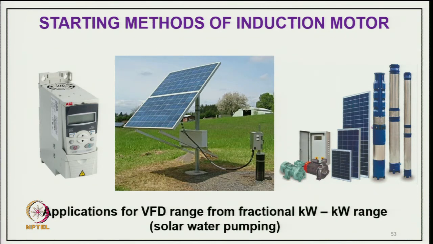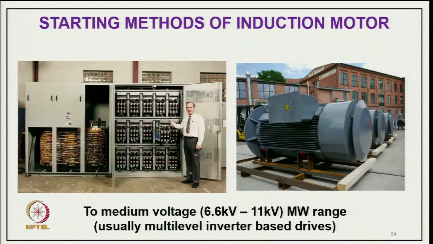One of the typical applications is water pumping, and as you can see, even with submersible water pumps, the motor and pump are here, and then you have a solar panel, and you have typically the drive here.